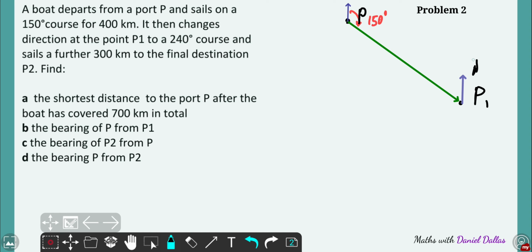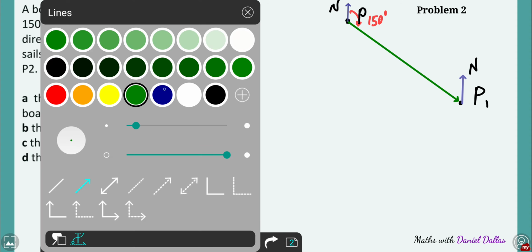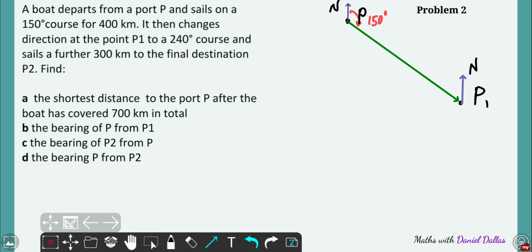So in both cases, there's going to be north direction here and here. So we turn around clockwise by 240, and so by my eye I can establish that this course is going to be somewhere here.